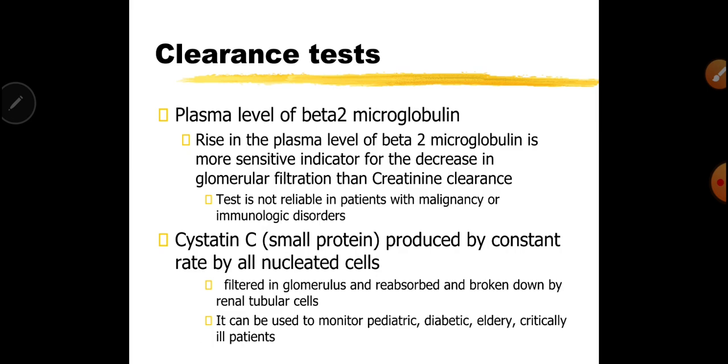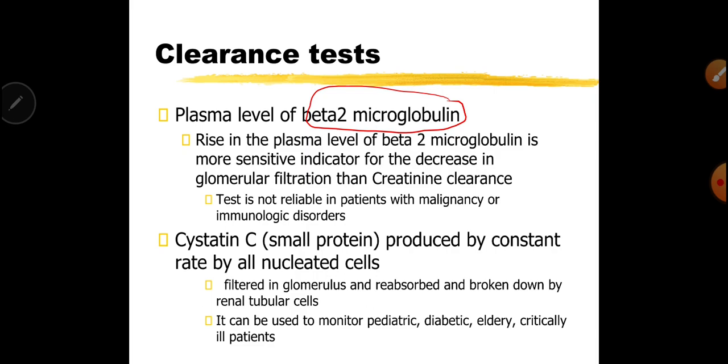As a method to calculate a clearance test, we can also use beta 2 microglobulin in the blood. Beta 2 microglobulin can be used to evaluate the clearance test of the kidney using only a single test in the blood.